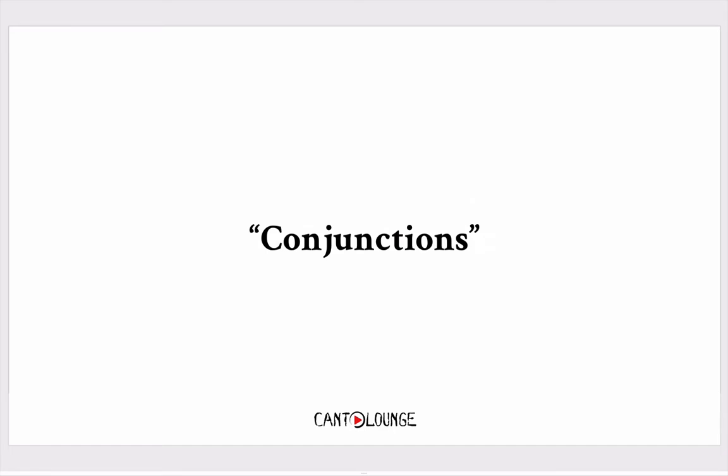So, today's topic, conjunctions. Yes, I know, not the sexiest word in the entire world. For those of you who don't particularly like grammar jargon, let's just unjargon this for you. You might know conjunctions by another term, linking words.